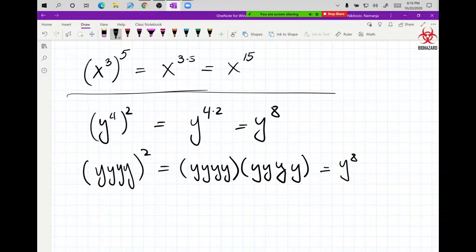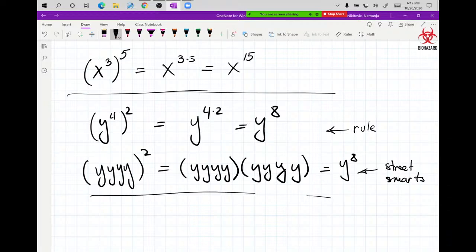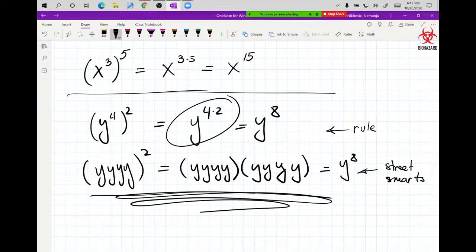because now this is using the rule, and this is using street smarts. Huh? How about that? Street smarts. Because they get you to the same answer. This is technically what is happening in the background of the rule that you memorized.